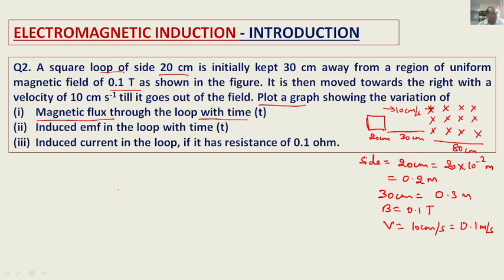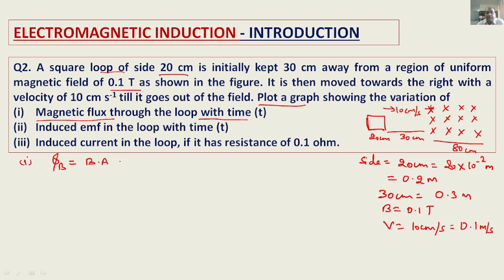So how will we find out the magnitude of magnetic flux? We know that magnetic flux phi b through a loop will be B dot A.